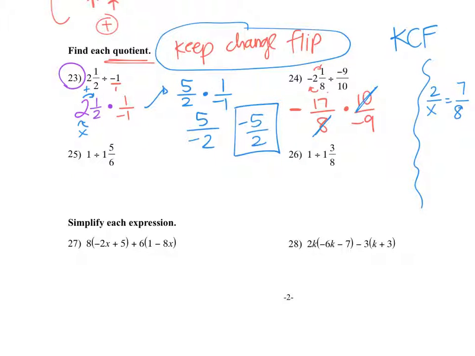A lot of people will try to cross cancel the 2 and the 8, and in this case you cannot because of that equal sign.